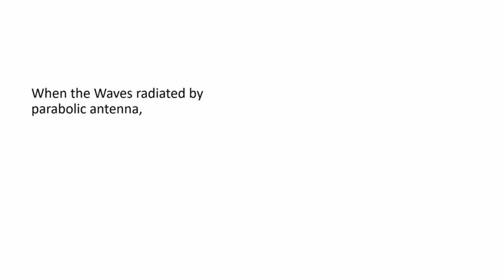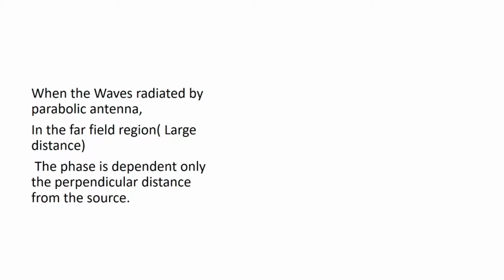And the next class of waves is when I have a parabolic source, for example, a parabolic antenna. If the waves are radiated by a parabolic antenna, after some large distance, the phase is dependent only on the perpendicular distance from the source.